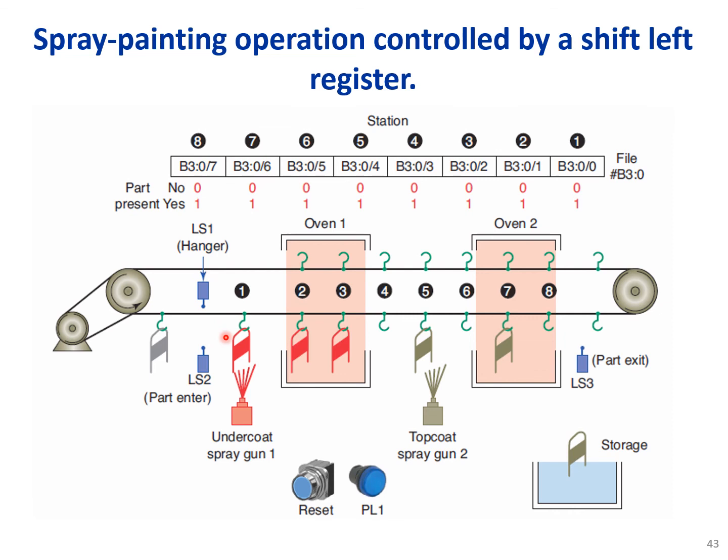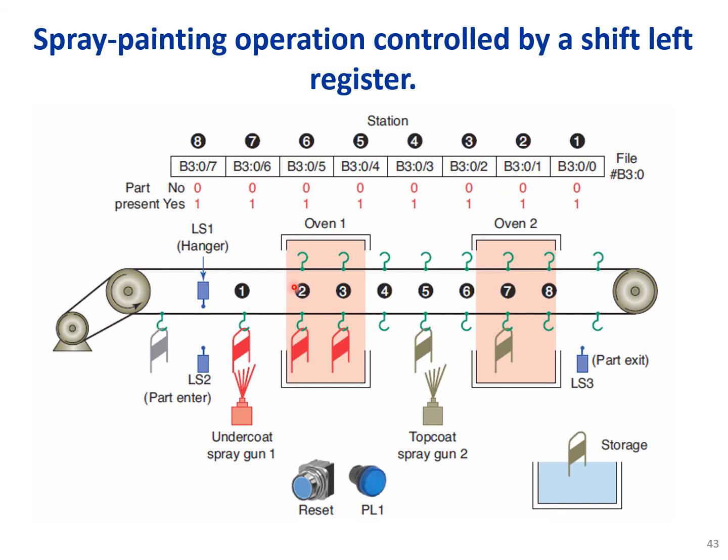And then when the conveyor moves forward, we need to shift the part forward, and we need to shift the bit of the part forward. So when it reaches stage 2, which is the spray gun, it knows that there is a part and starts spraying.